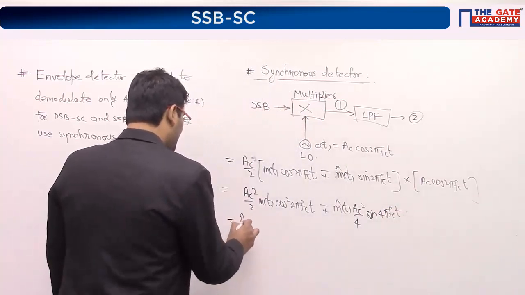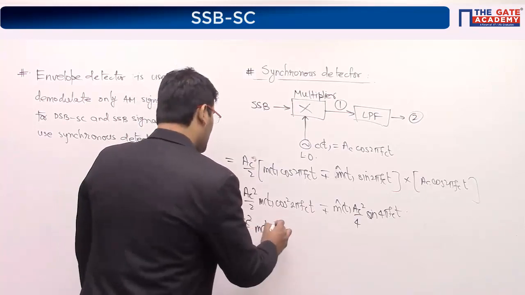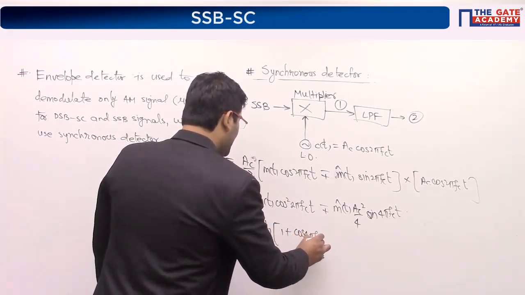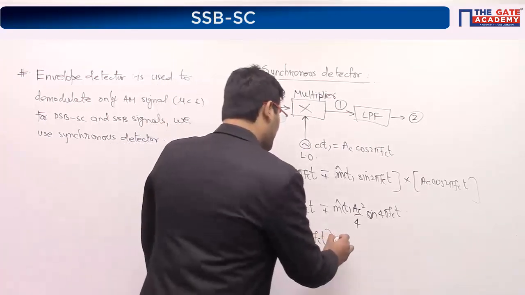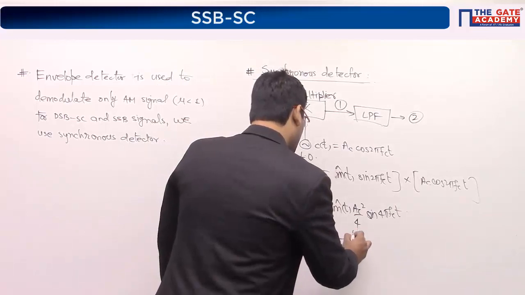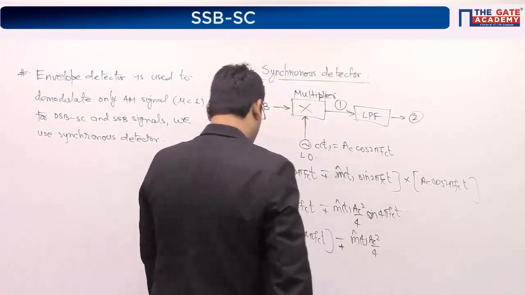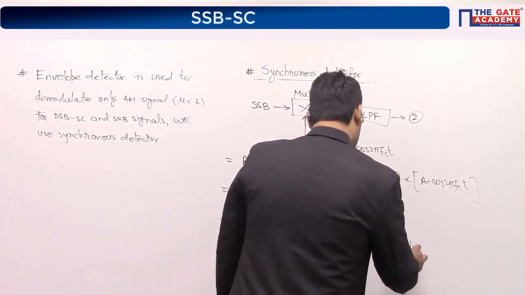So if you go one step further, you will write Ac square by 2 m(t) into 1 plus cos 4 pi fc t, and divide by 2 will become 4, minus plus m hat(t) Ac square by 4 sin 4 pi fc t.